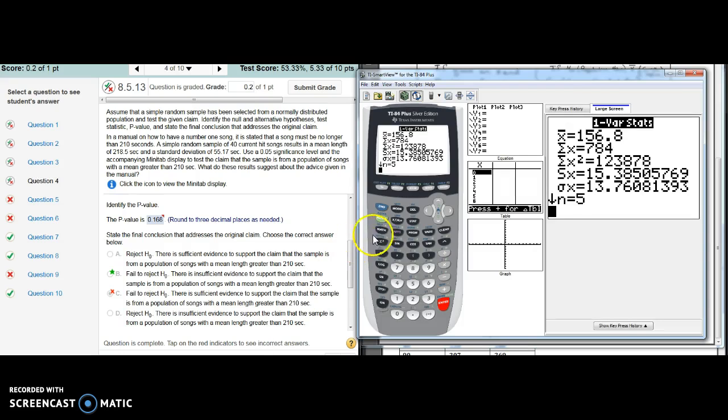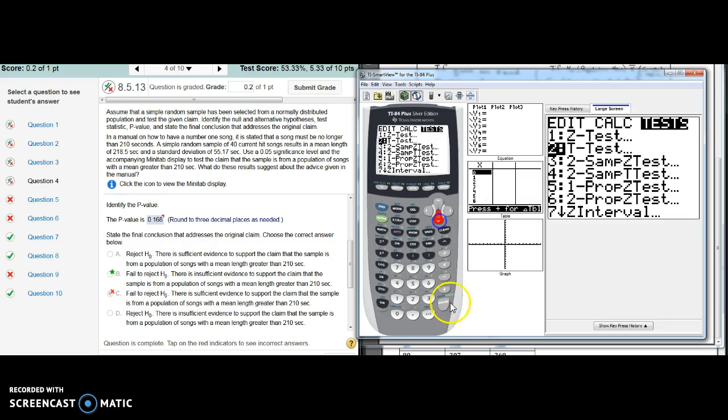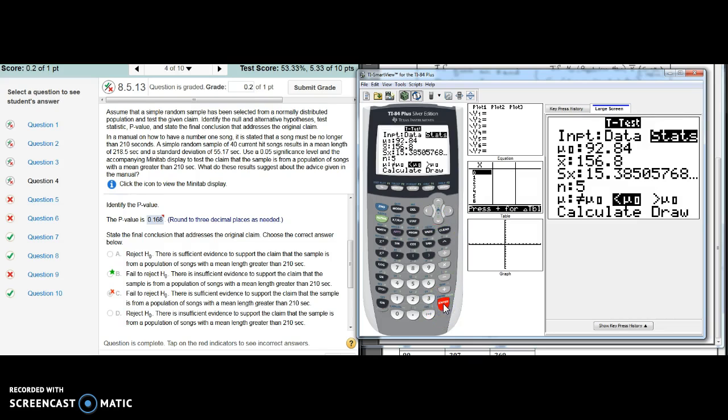So in our calculator, we're going to go to stat. Since we have a standard deviation, we know we're going to be using the t-test. So we're going to put that in there. What was our... So it says that this must be no longer than 210. So we're going to put that in here, 210. What was the mean of our sample? We took a sample of 40 hit songs, so we know our value of n is going to be 40.